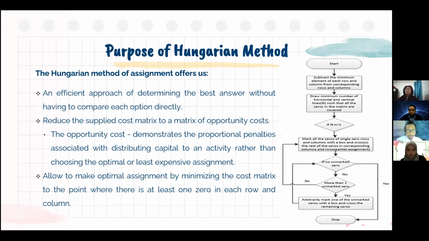If we can reduce the cost matrix to the point where there is at least one zero in each row and column, we will be able to make the optimal assignment. As you can see from the chart in the slide, this is the general step of the Hungarian method. So next slide, please.